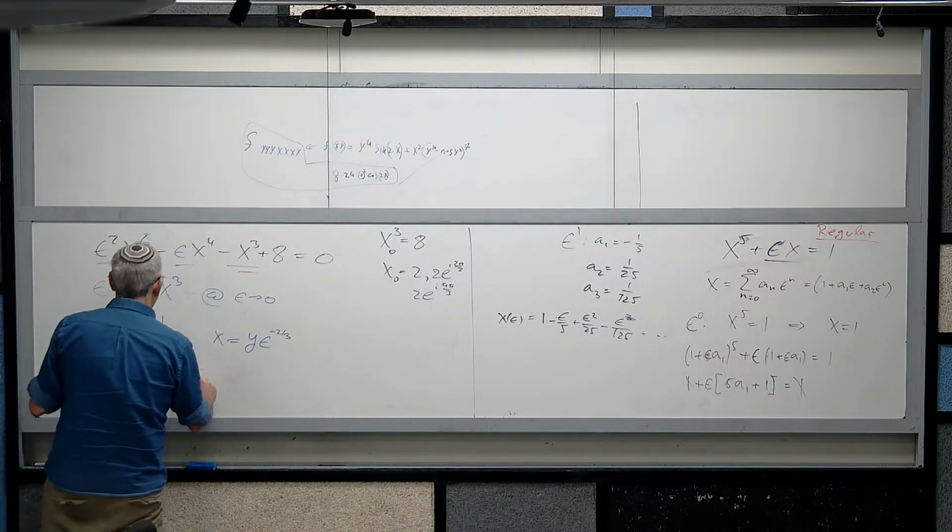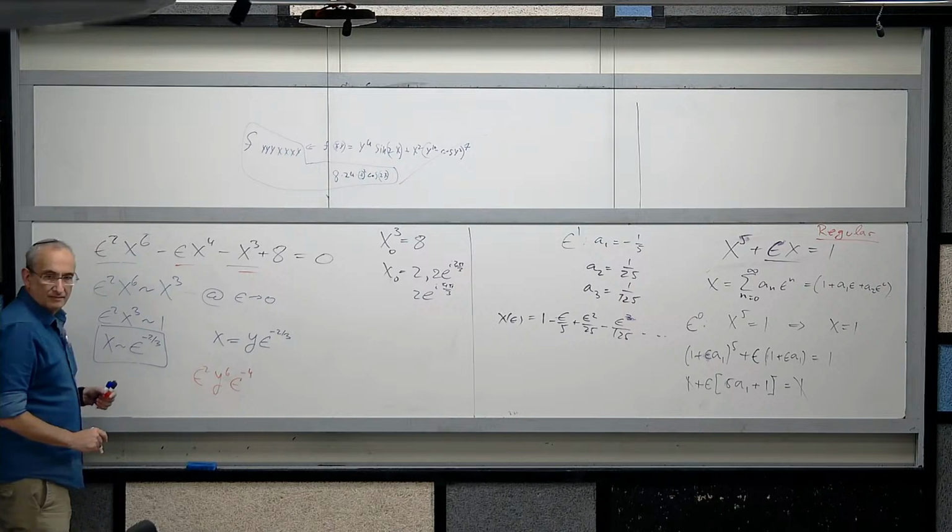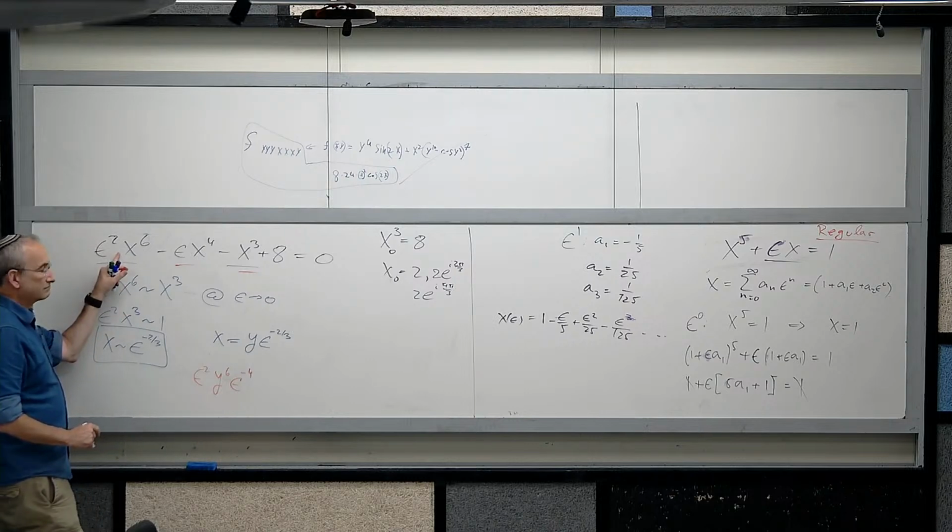So the equation for y is epsilon squared times y to the 6 times epsilon to the minus 4. You see? This is this term.